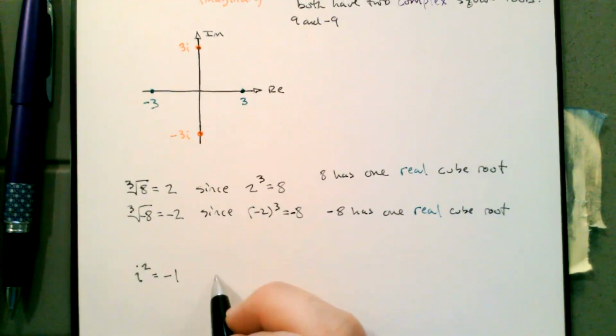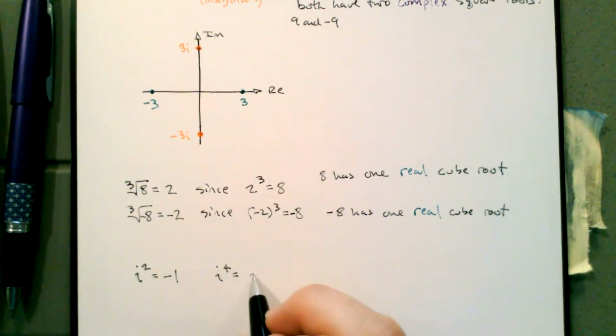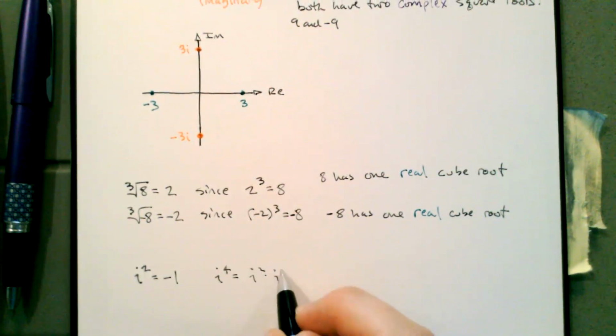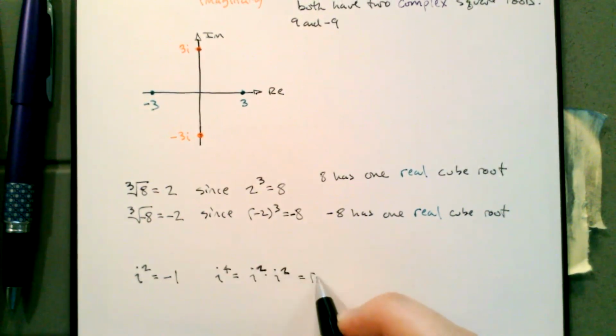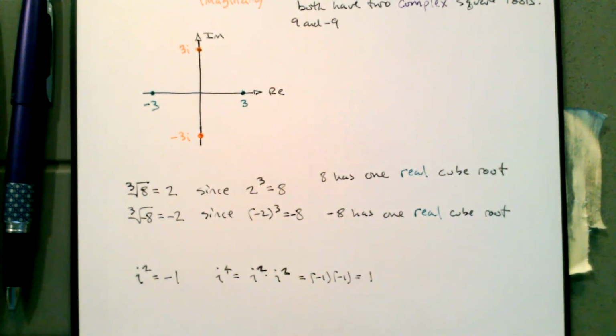What's i to the 4th power? Well, it's going to be i squared times i squared. That's going to be -1 times -1, which is 1.